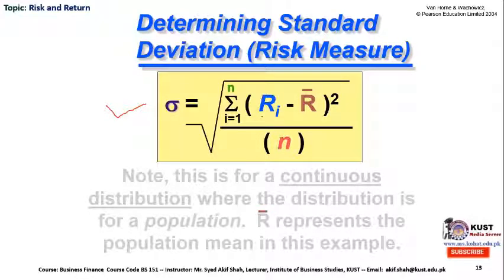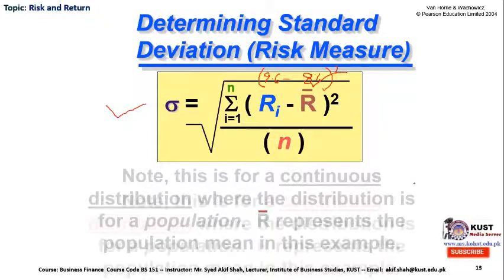So Ri 9.6 minus the expected return, which could be any value, let's assume it was 8%. Then square the values, and finally you need to divide after summing all the possible returns.